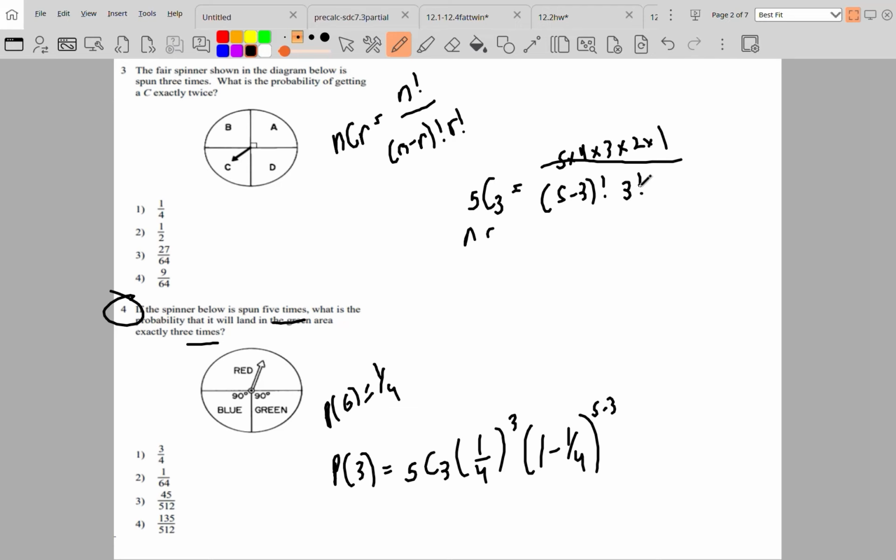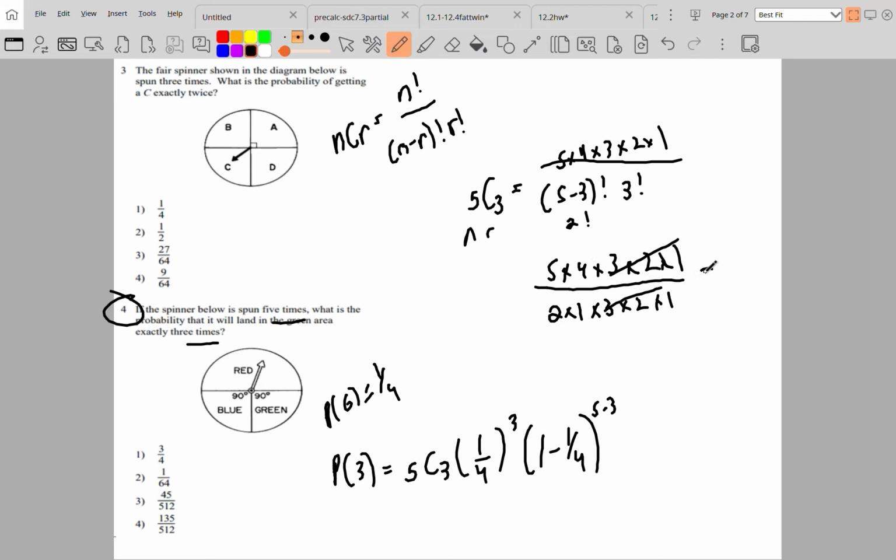And then we just figure out what it is, right? Anyways, we have our 5 times our 4 times our 3 times our 2 times our 1. And we have 5 minus 3, which is 2, 2 factorial, 2 times 1, and then 3 factorial, 3 times 2 times 1. Gone.